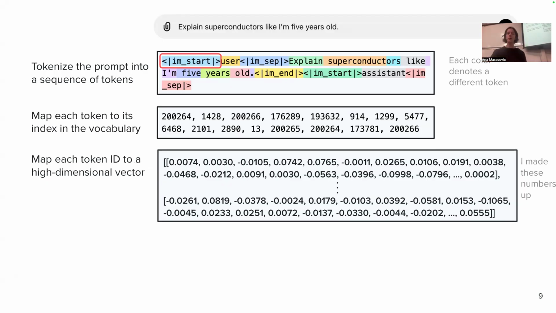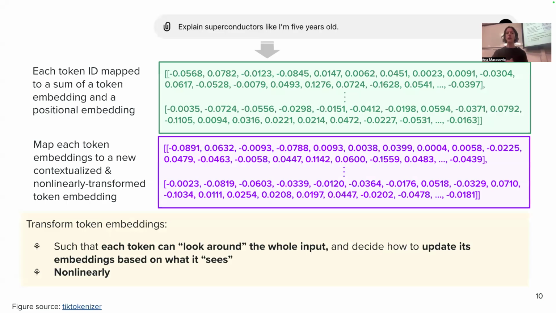We are still going to do that, but we are going to find from that initial token embedding a new hidden representation, a new high dimensional vector, which will have two important properties. The more important one is that this new representation is going to be contextualized, which means that now this new vector for a given token is going to contain information coming from other tokens in the input that are important for understanding that token.